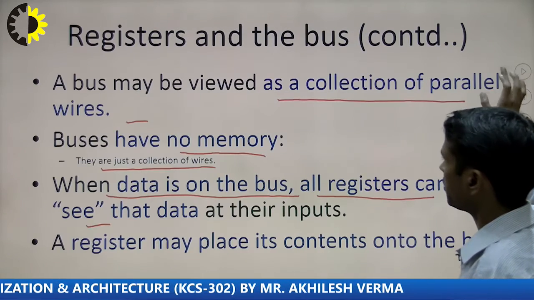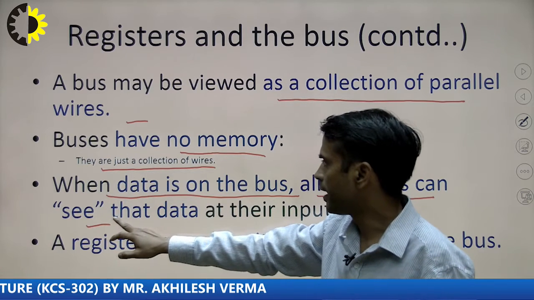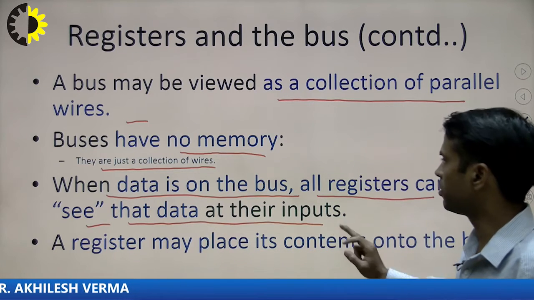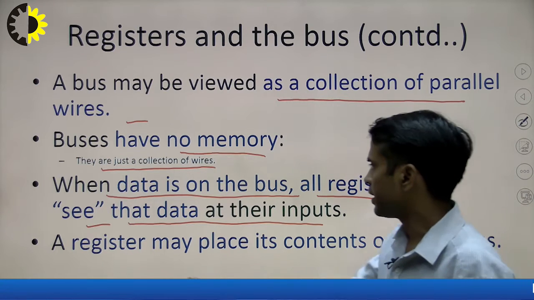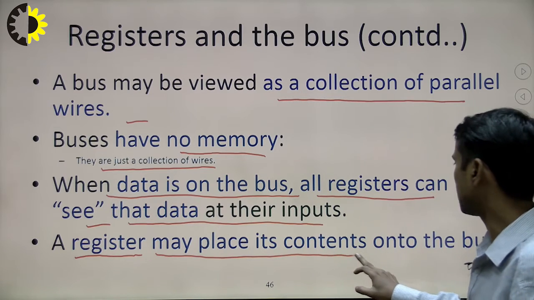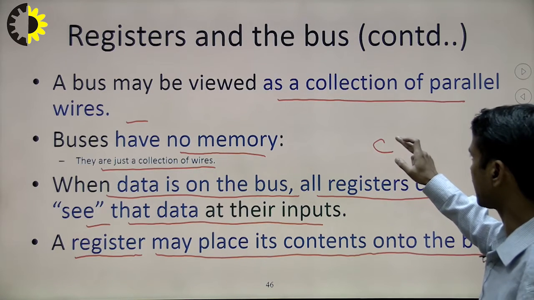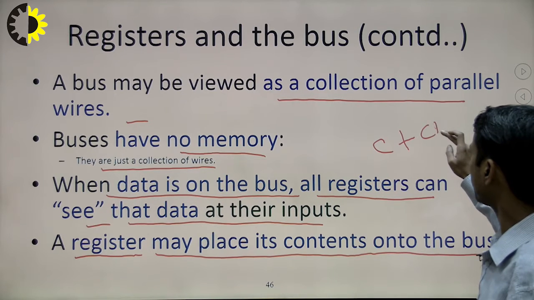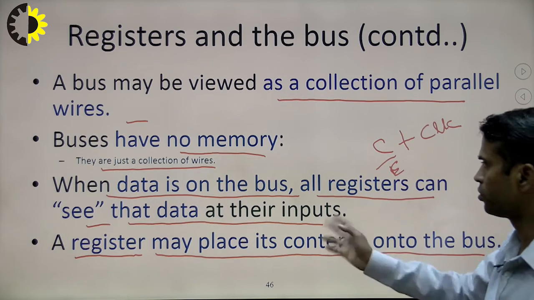So, we must understand that this is just a collection of wires, and whatever is flowing on these wires can be seen by all the input registers. So, a register has a choice, under the control, to put its content onto the bus depending upon the control signal plus the clock. Basically, the control signal is the enable signal that enables a particular register to do this particular task.